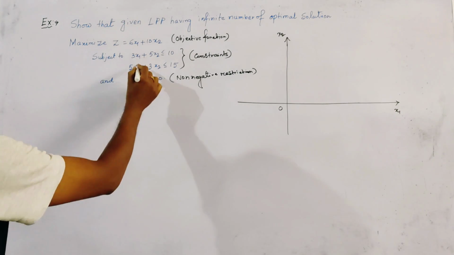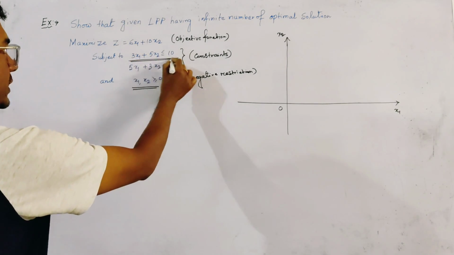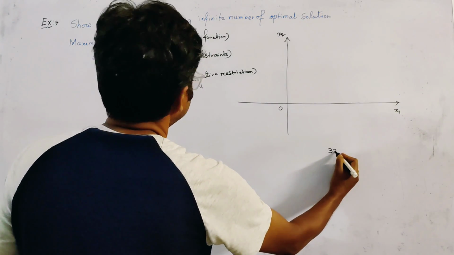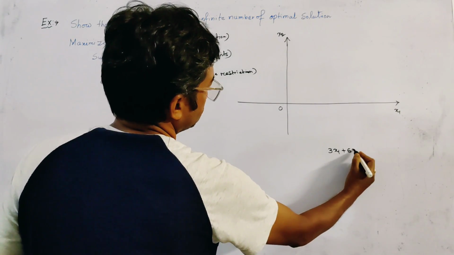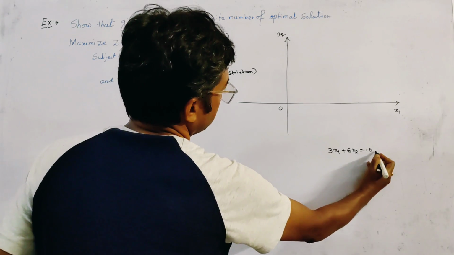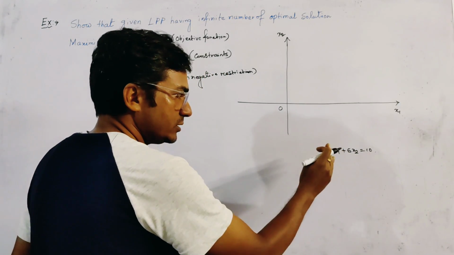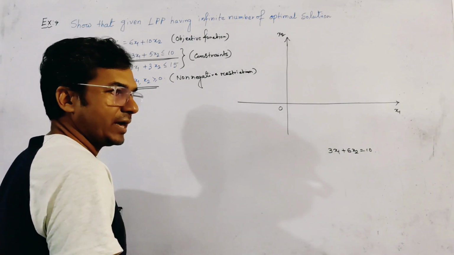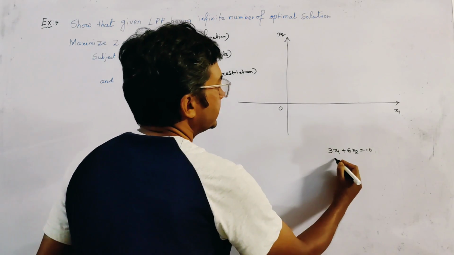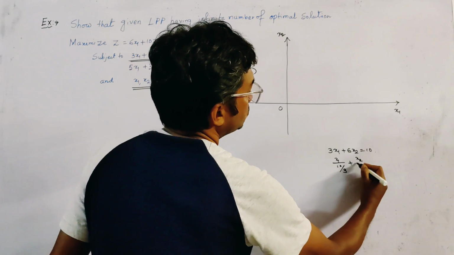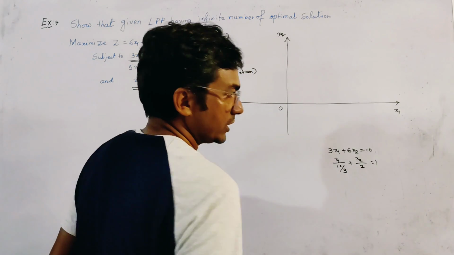Now to draw the first constraint, 3x1 plus 5x2 equal to 10, we write it in intercept form: x1 by 10/3 plus x2 by 2 equal to 1.